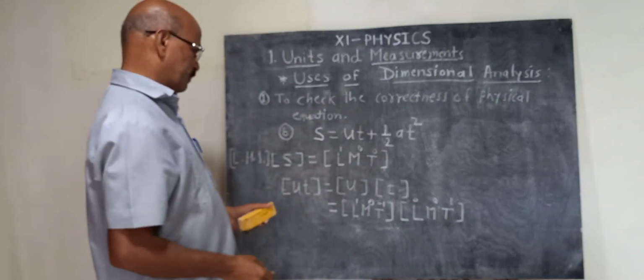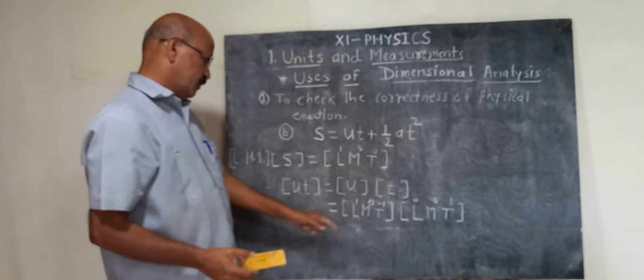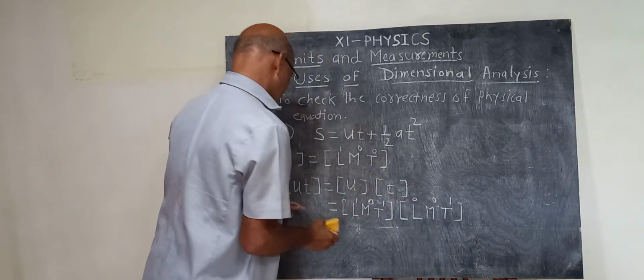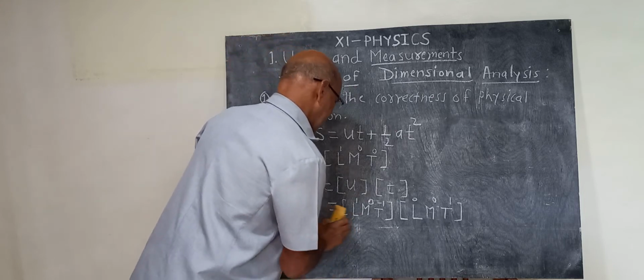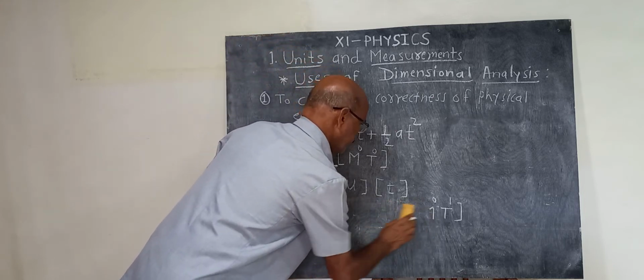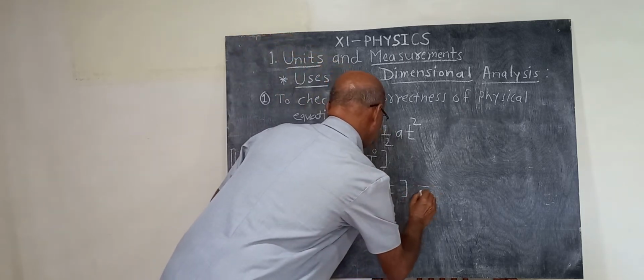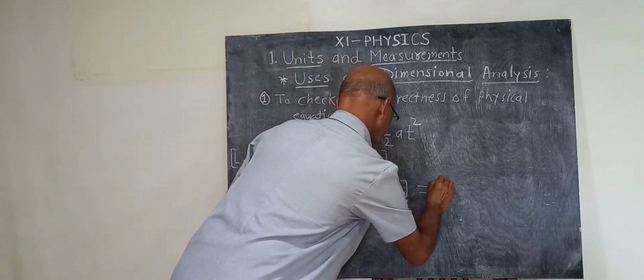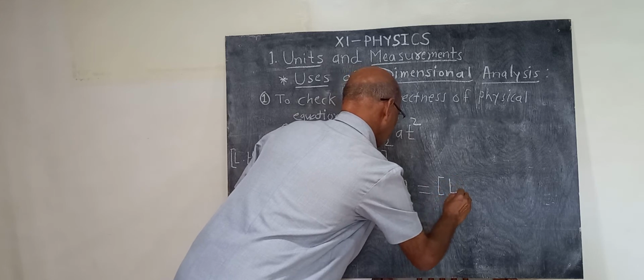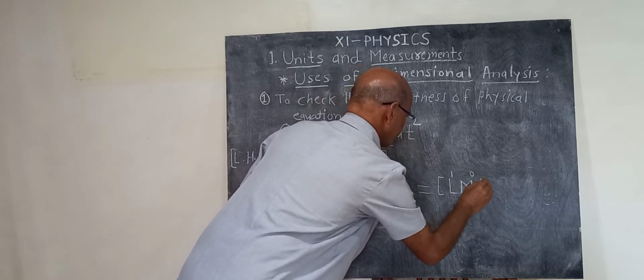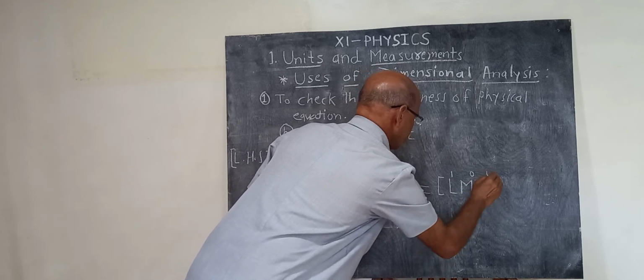Then taking simplification, we get the dimensions of ut as 1 in length, 0 in mass and 0 in time.